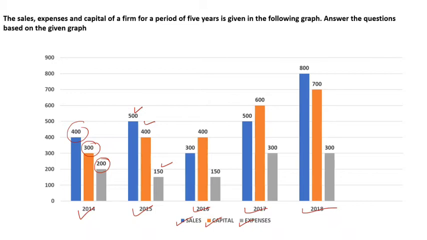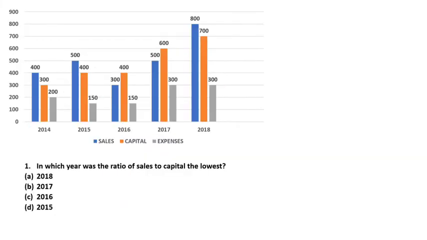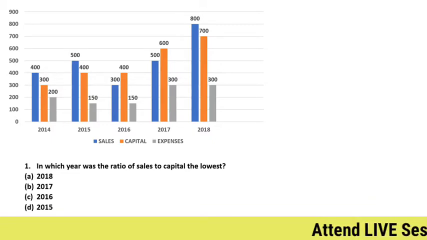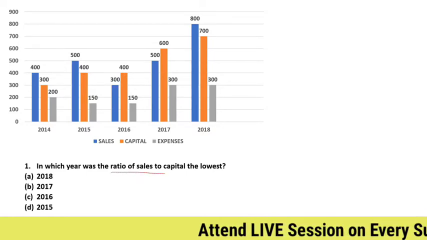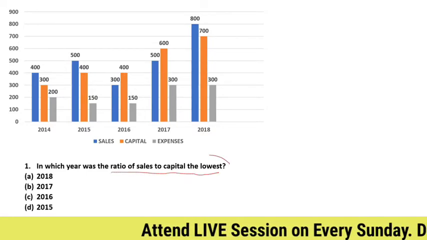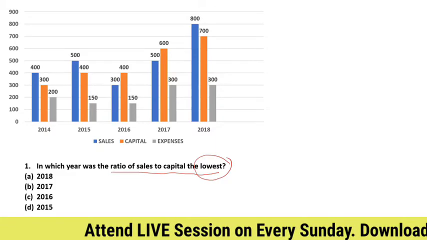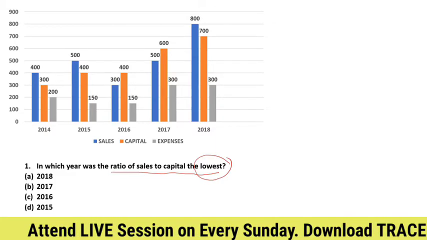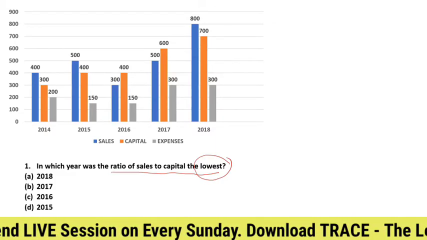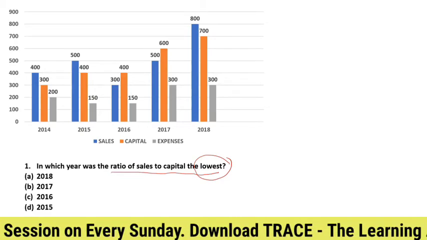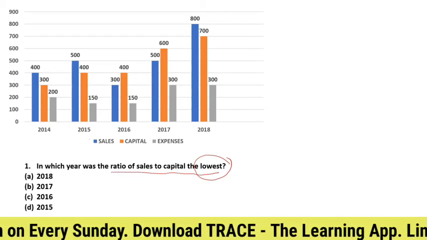Let us go to the first question based on this graph. See, the first question is, in which year was the ratio of sales to the capital the lowest? We have to find out the lowest ratio, sales to capital. So we have seen, students, here sales is represented by the blue line, and capital is represented by the orange line.